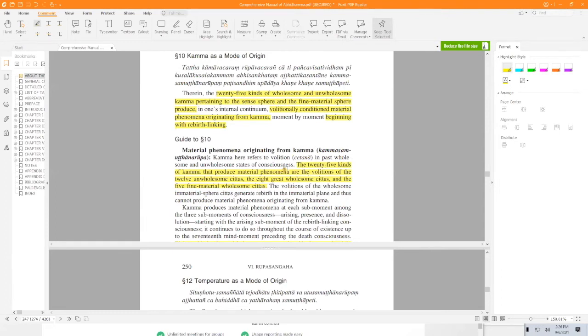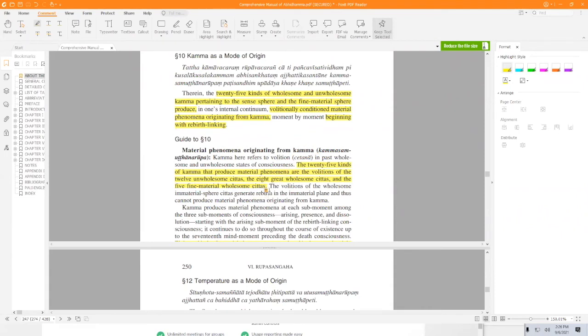And so these 25 kinds of karma are the volitions of the 12 unwholesome chittas, the 8 great wholesome chittas of the sense sphere, and the 5 wholesome chittas of the fine material sphere, the 5 jhana chittas.